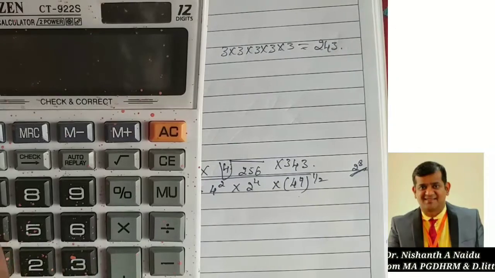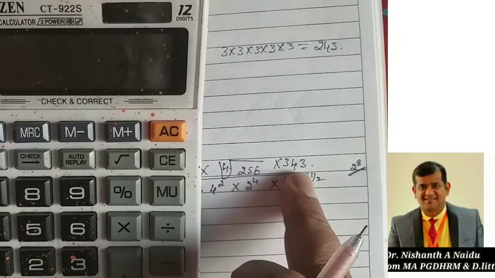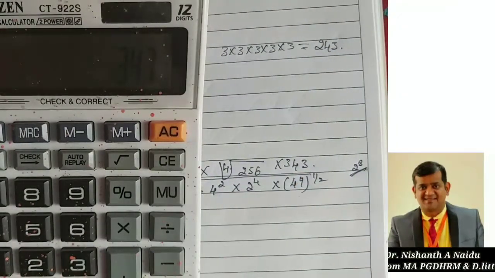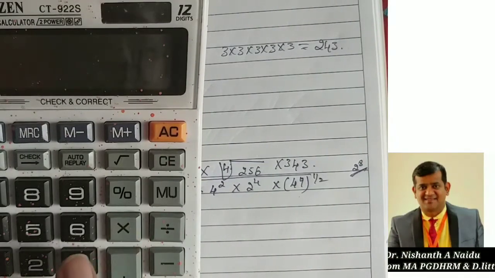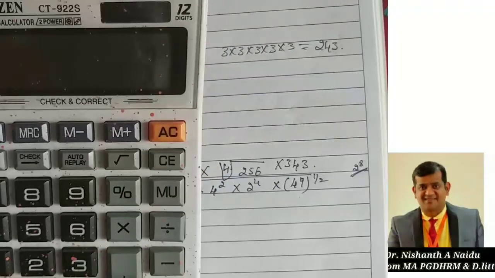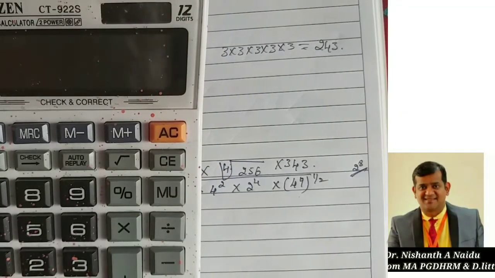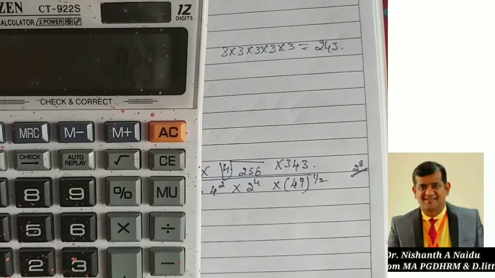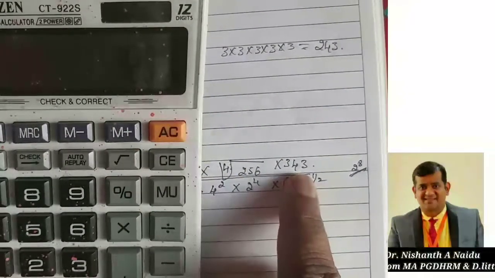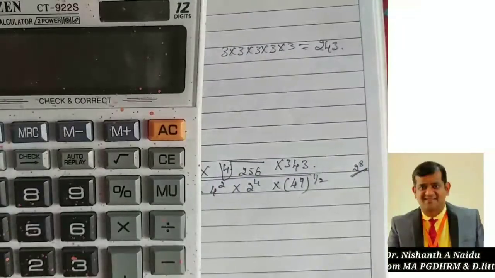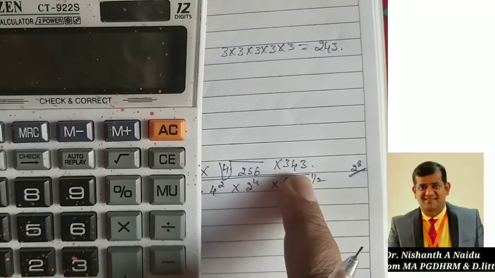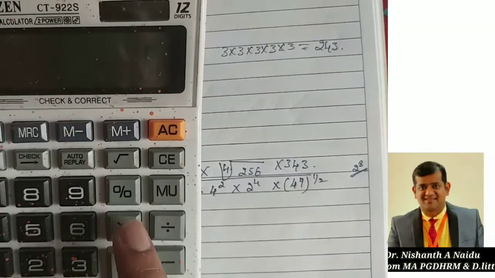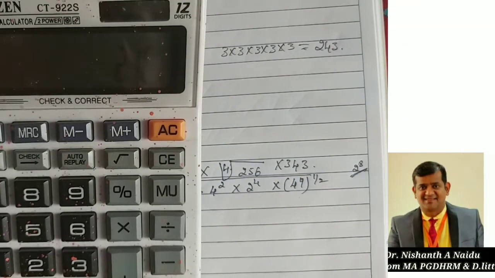Then 343 you have to find. Since 3 is there, obviously it won't come in 2 tables. So we try the 3 table: 3 into 1, 2, 3, 4, 5, 6. No, we didn't get it, because we get 729 and we want 343. So it is not there from 3. 4 is impossible, 5 is also not possible. Then 6 might be possible. 6 into 1, 2, 3, 4.